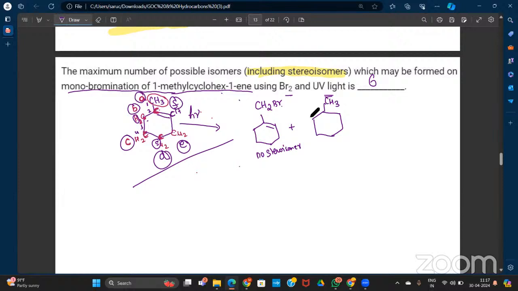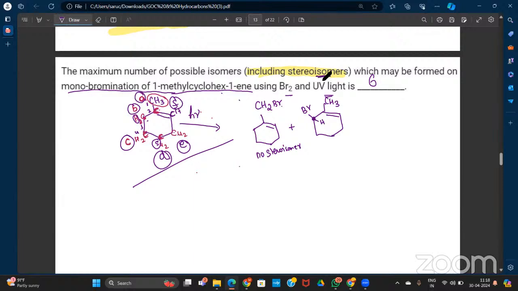Okay, and you have a double bond over here. Now what happens over here is this one is attached to a stereo center or no? Stereo center. So it will form a stereoisomer.